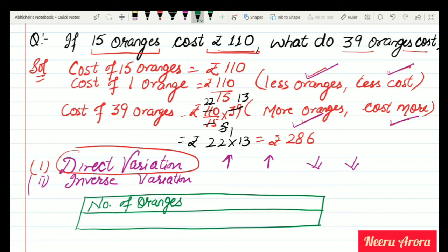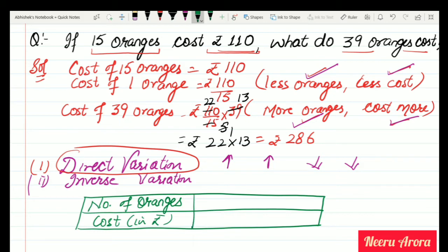In daily life also we come across situations where a change in one quantity brings a corresponding change in the other quantity.